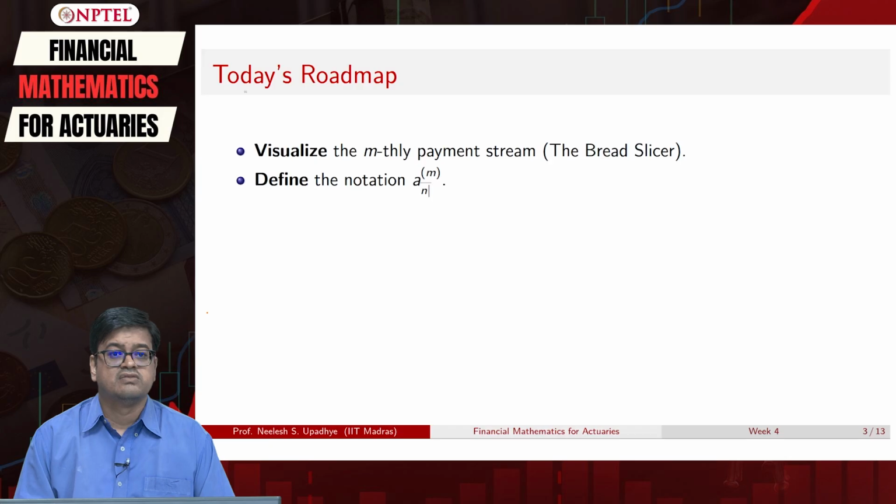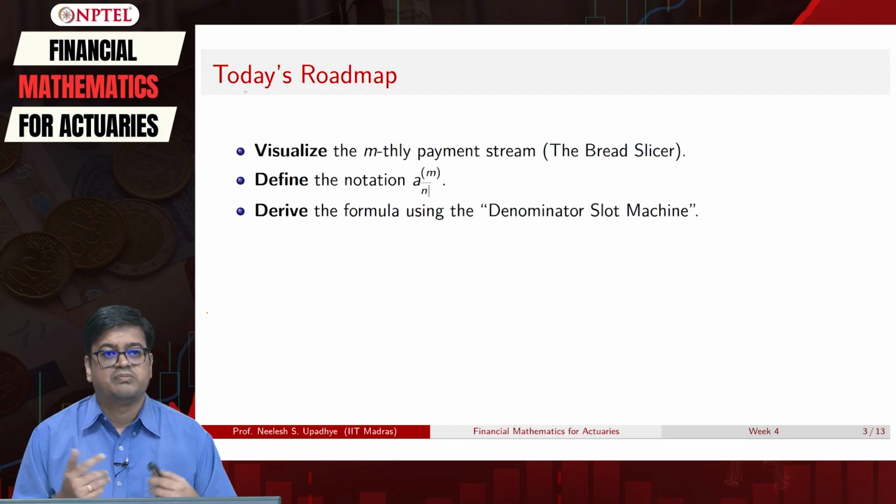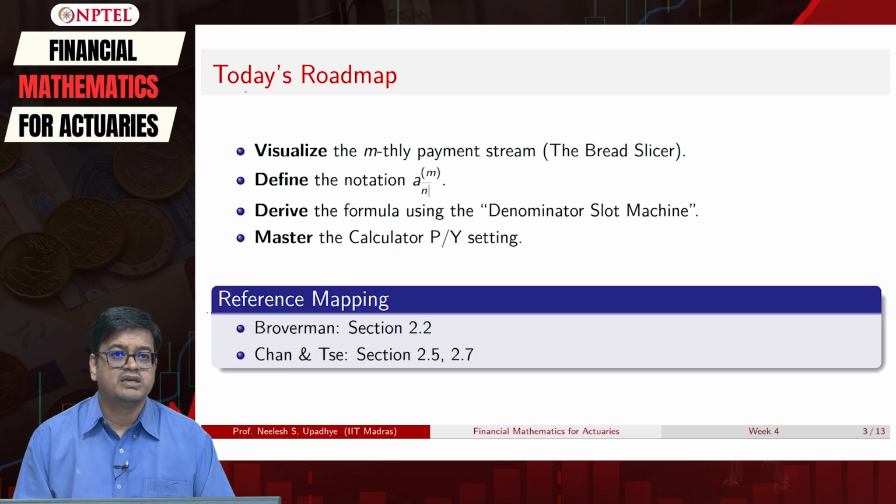This notation we will use for monthly payments or calculation of monthly annuities. Then we will look at how to memorize this formula using the denominator slot machine, and then finally the practical use of it, which will be mastering calculator strokes.